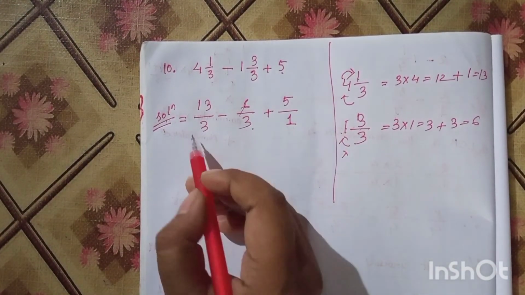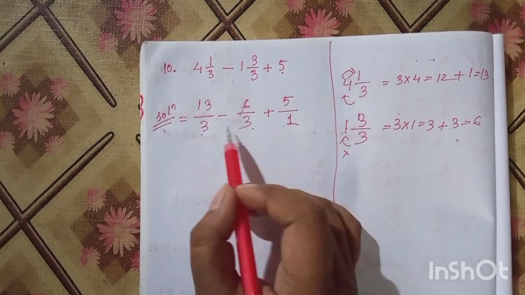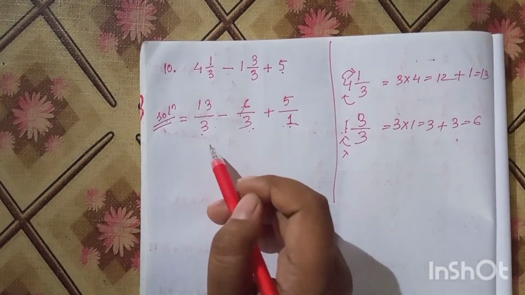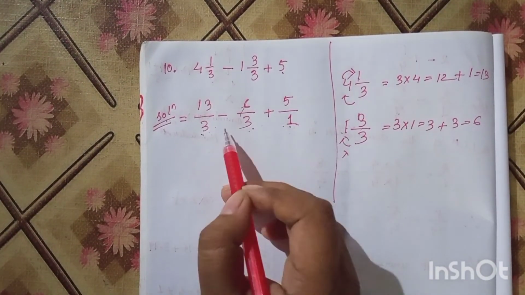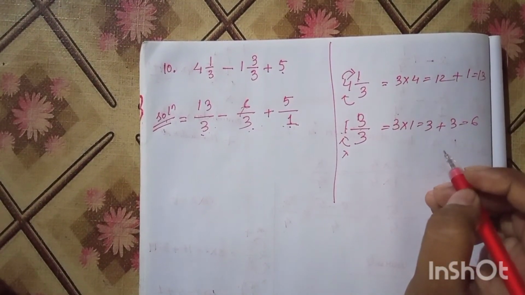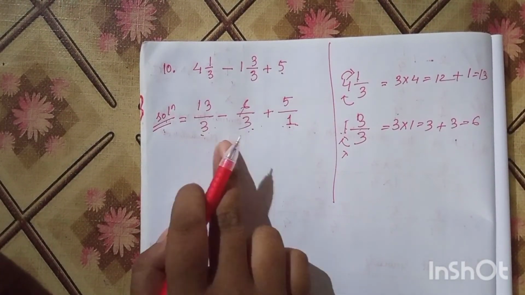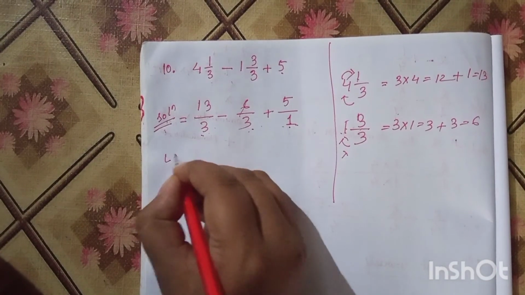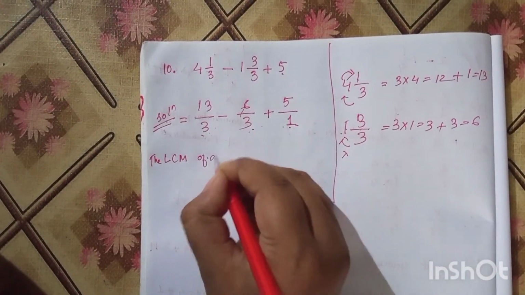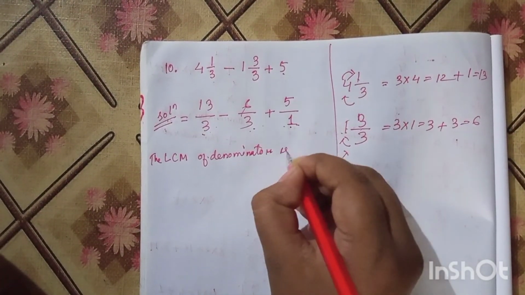Now, as I told you, this 3 you're seeing and 1 is there, that means they are factors of each other. You know, 1 3 is a 3, so they are factors of each other. Therefore the bigger number, 3, is the LCM. The LCM of the denominators is 3.